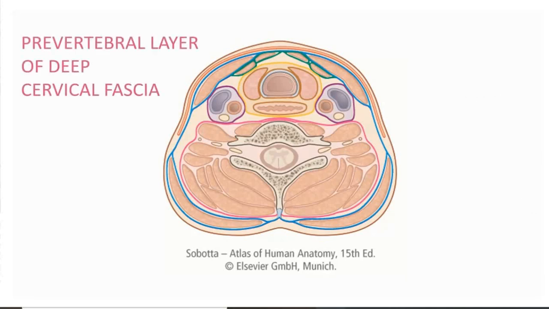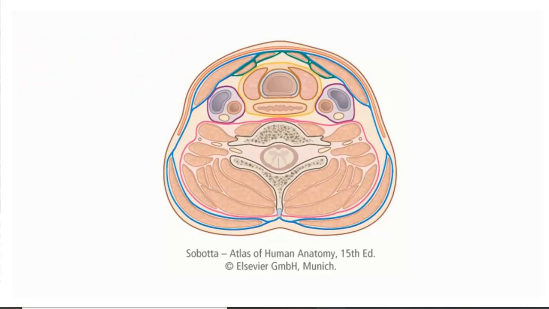Prevertebral layer of deep cervical fascia, colored pink, is the deepest one, covering deep cervical muscles and vertebral column. Usually we distinguish also something called alar fascia, that layer that has been added in color black on this schematic.